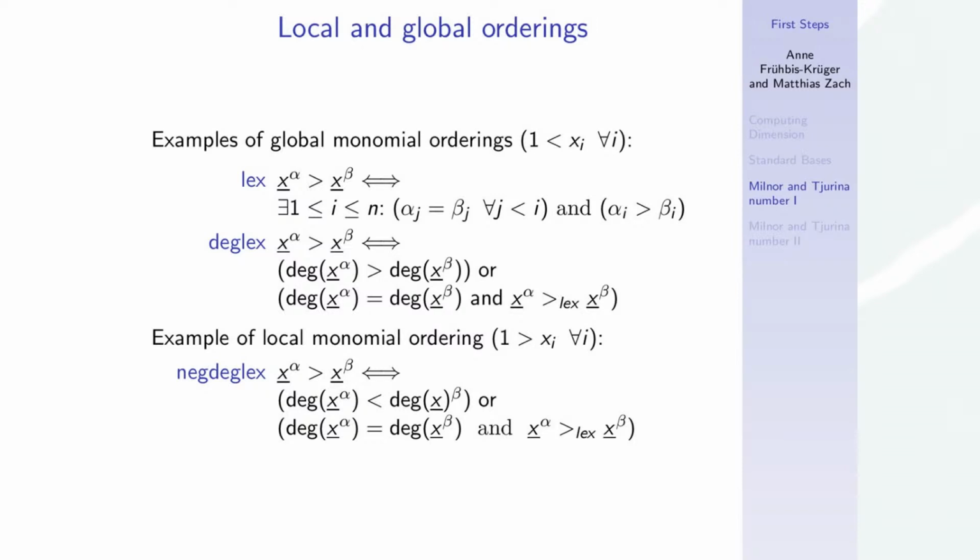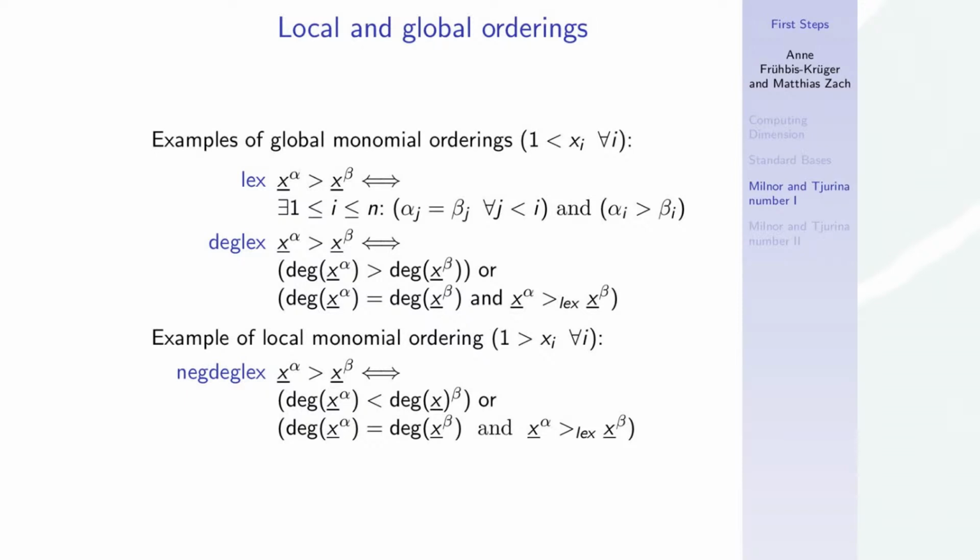Of course, there are also situations in which you have some variables which are bigger than 1 and some variables that are smaller than 1. In that case, we talk about a mixed ordering, and for the scope of this talk, there won't be any mixed orderings. There will just be global and local monomial orderings.